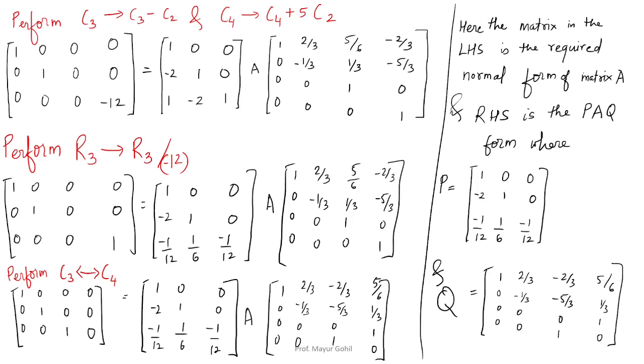So I hope you have followed this procedure. Now you can see that there is the identity matrix established in the top left corner of the matrix. Okay, so this is the identity that you can see here. So this is what is required. I'll just put a highlighter, that would be good.